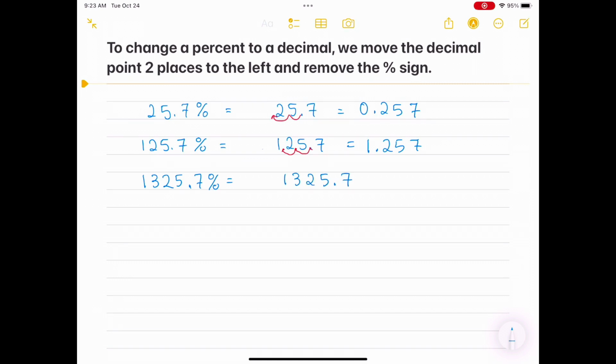We start with the number 1,325.7, move that decimal point 2 places to the left to end with the decimal 13.257, or 13 and 257 thousandths.